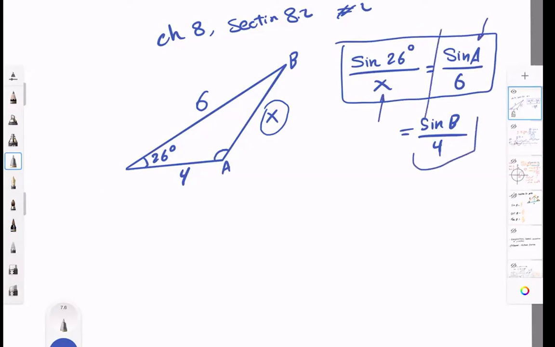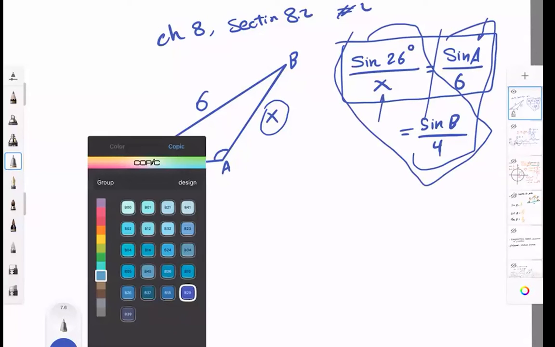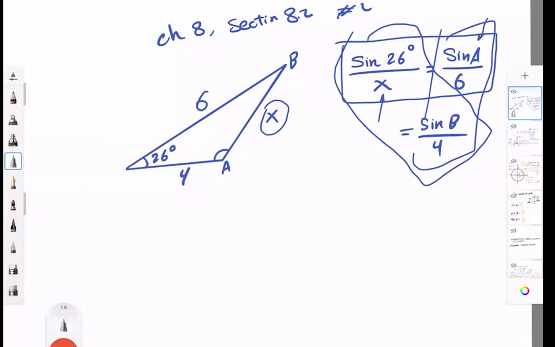If you take the last two, a and b are unknown. If you take the first and last one, b and x are unknown. So we cannot use law of sine. We use law of cosine. When you see a question like this, you should see, oh, we have to use law of cosine.